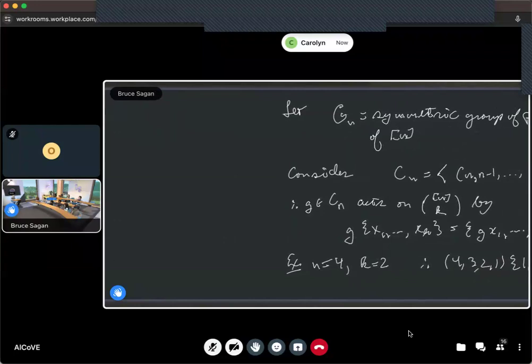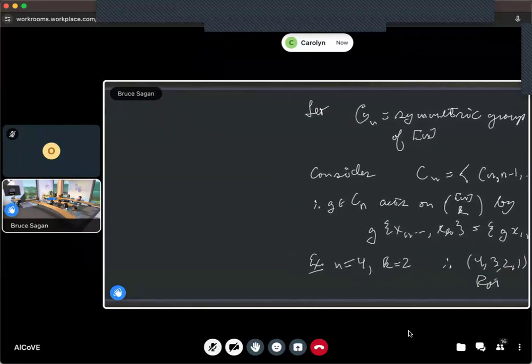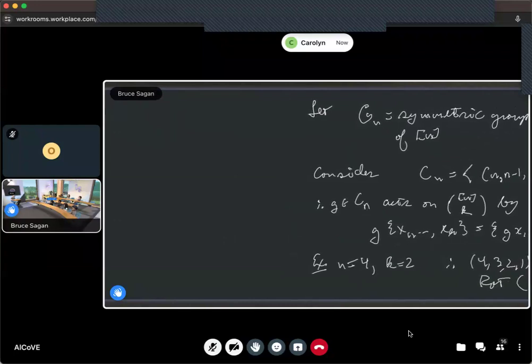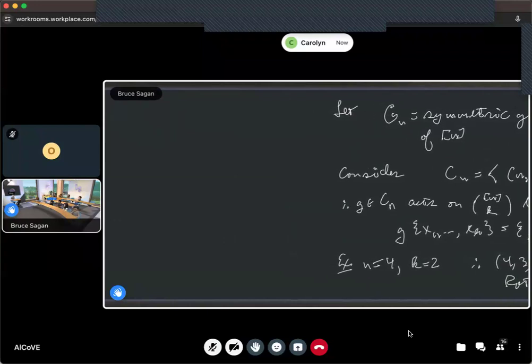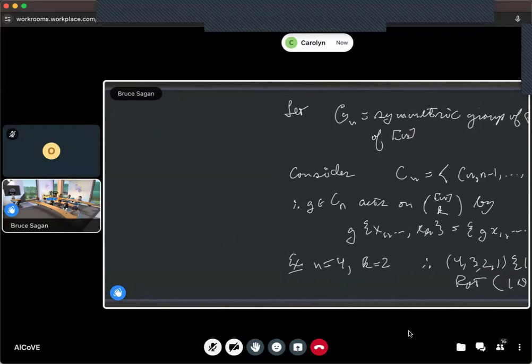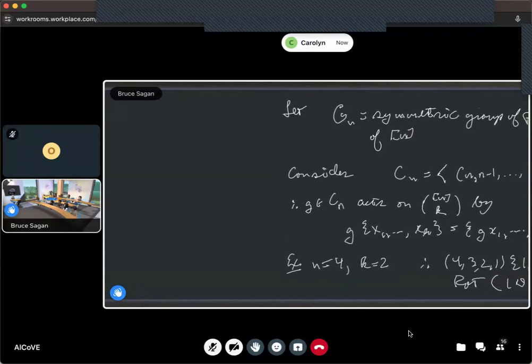What does rotation do? What is the bit string for 1, 4? It's the bit string 1, 0, 0, 1. When I rotate it, what are we going to get? 0, 0, 1, 1. If I rotate the bit string for 1, 4, I get the same thing as if I apply this cycle to the corresponding set.